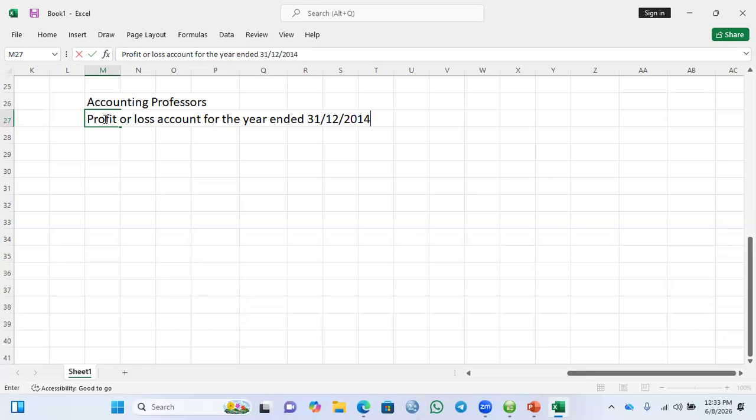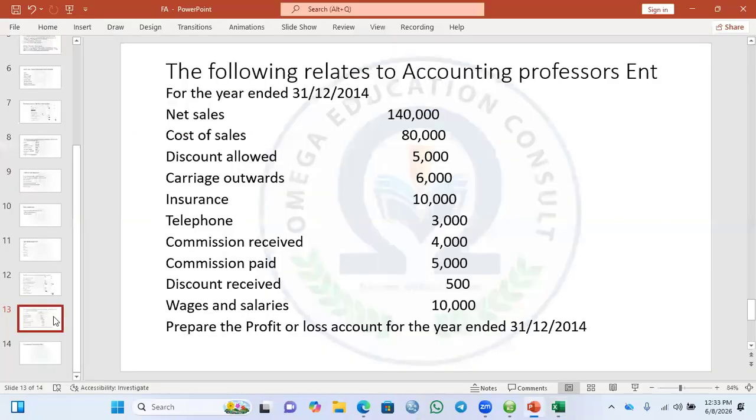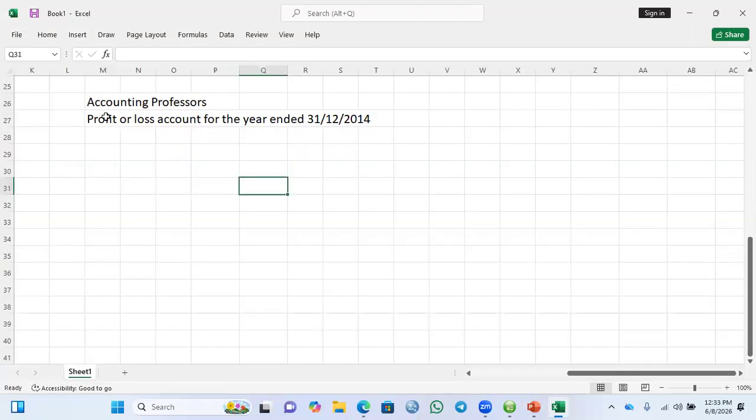Yes, Gabriel. Can you restructure the heading the way you want, to include all the other details? What do you mean? Can you elaborate your point? You wrote accounting professors, profit or loss account for the year ended.